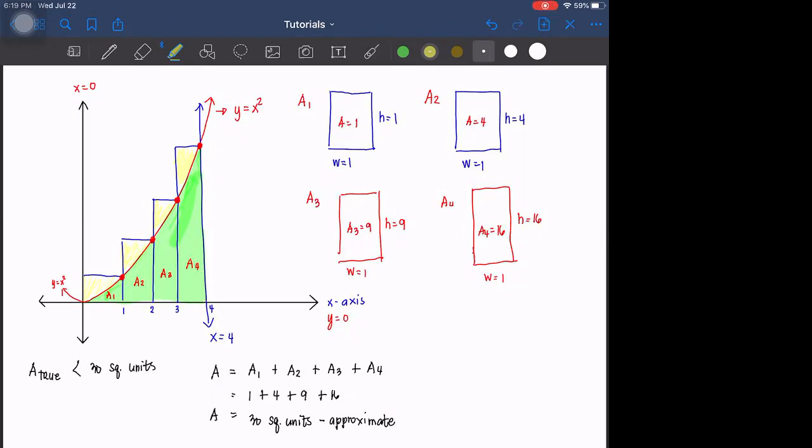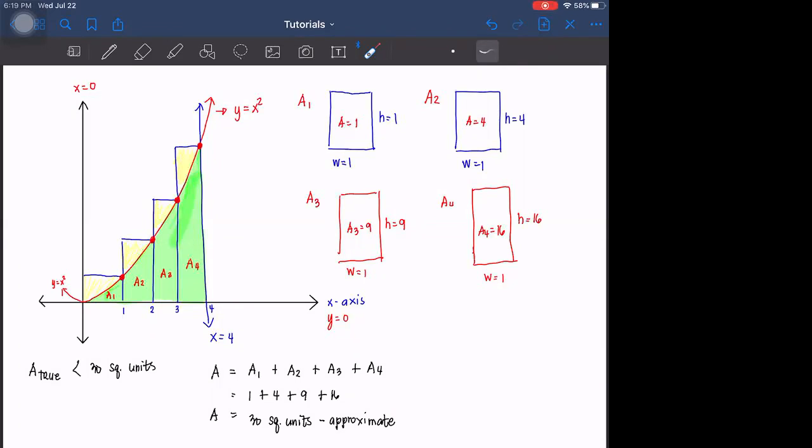Now, what do we do? What can we do to get closer to the real answer? We can divide it into smaller divisions.